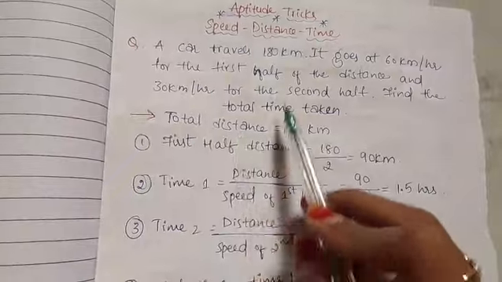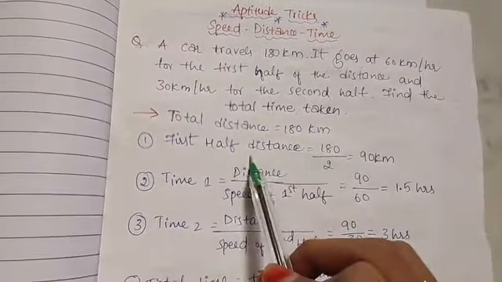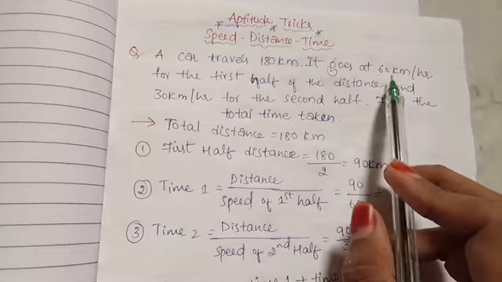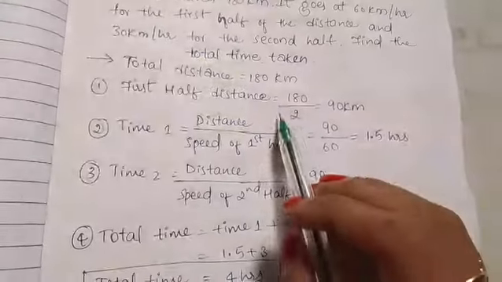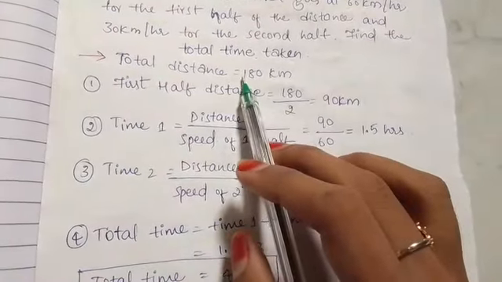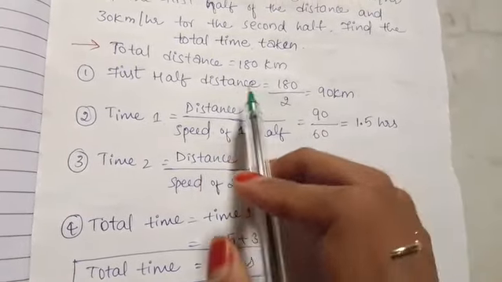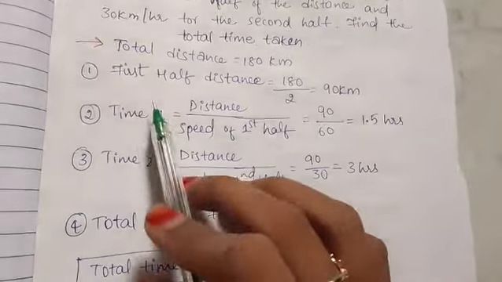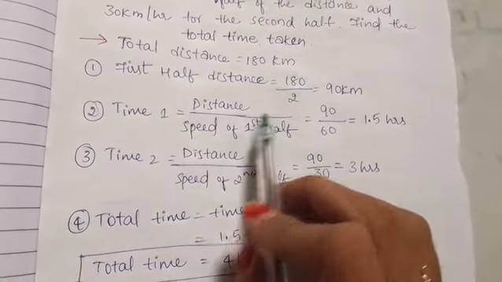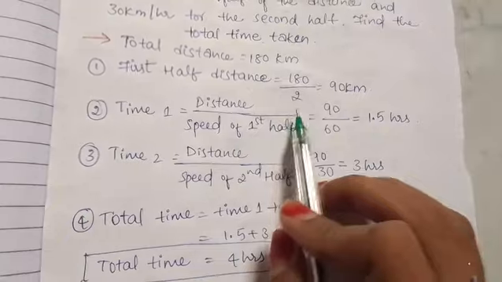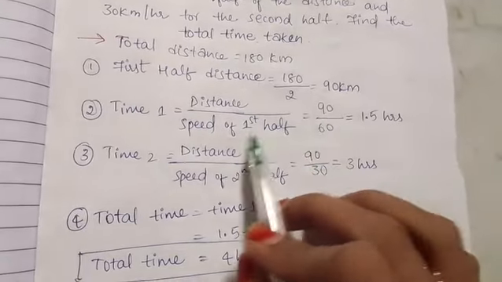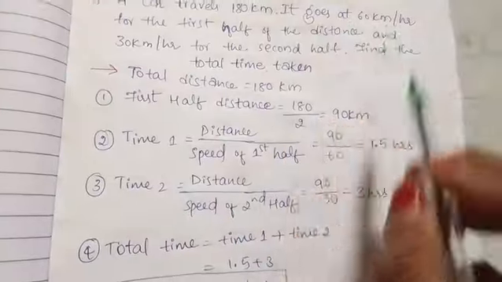Here the total distance is 180 km. The first half of the distance is 180 divided by 2, which means half of the distance, that will be 90 kilometers. Here we have to find out time 1 and time 2. Time 1 is distance of first half divided by speed of first half, that is 90 divided by 60.